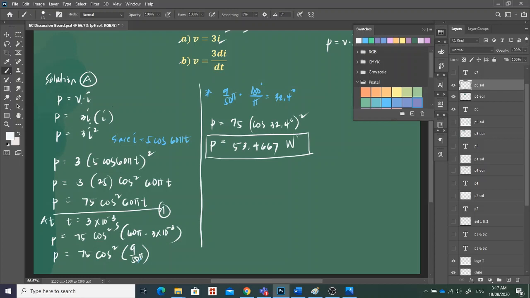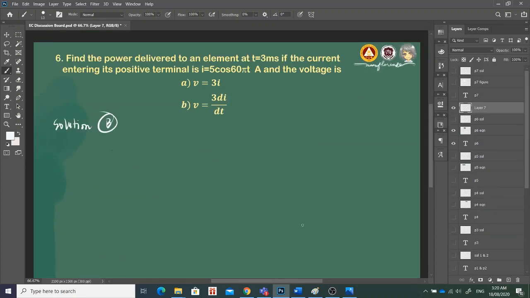Paano naman sa letter B? Dun tayo sa letter B. Ang given natin ay V is equal to 3 di over dt. As we know, P is equal to V times I. Ang I natin is represented by an equation, pero yung V, meron siyang operation.